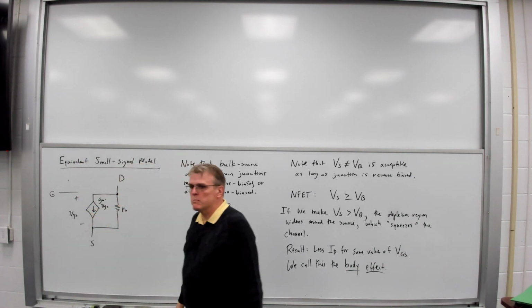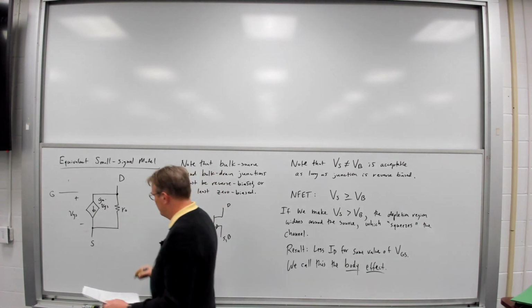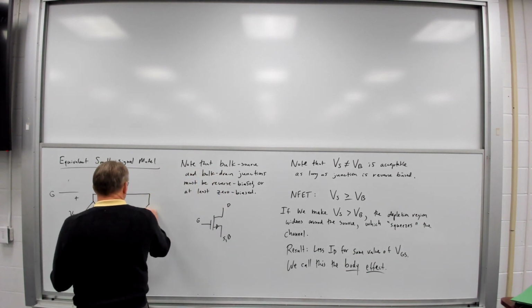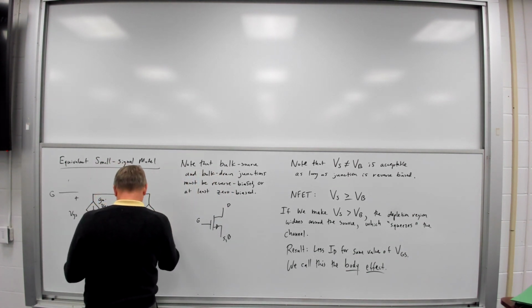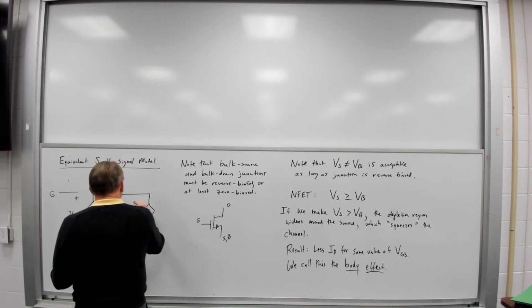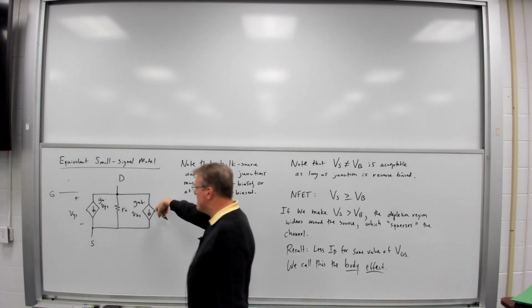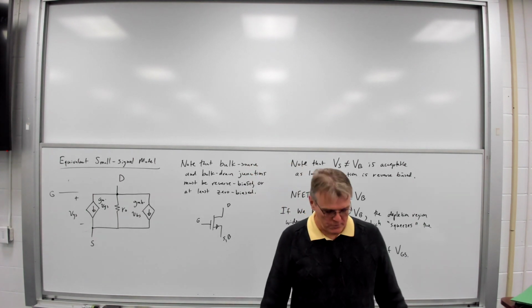So here's our standard small signal model we're already familiar with. And now I'm going to add a term to it. There's also a GMB multiplied times VBS, an additional dependent current source.